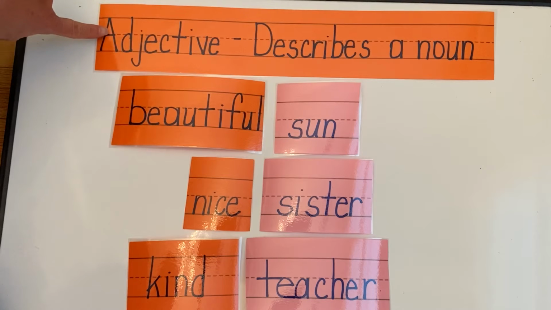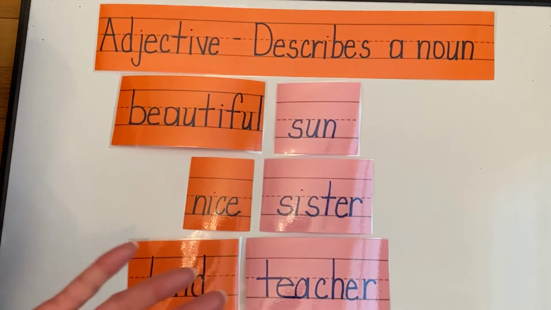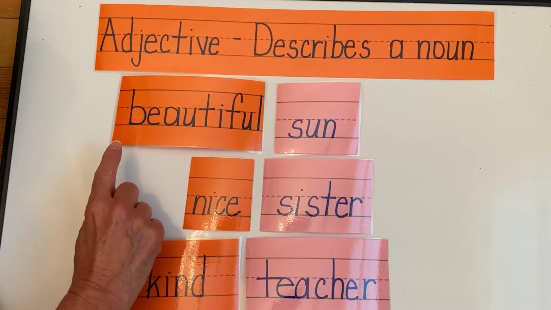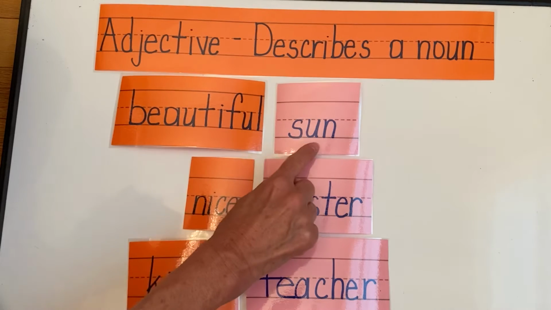So adjectives, Emma and Emma K, are words that describe or tell more about a noun. And a noun is a person, place, or thing. So let's go over our adjectives and nouns one more time. You ready? Here we go. Beautiful, sun.